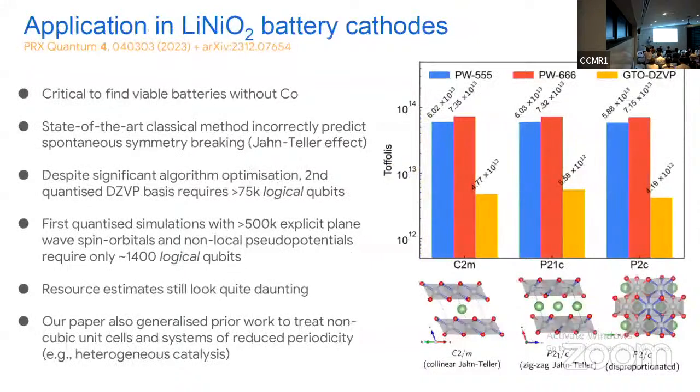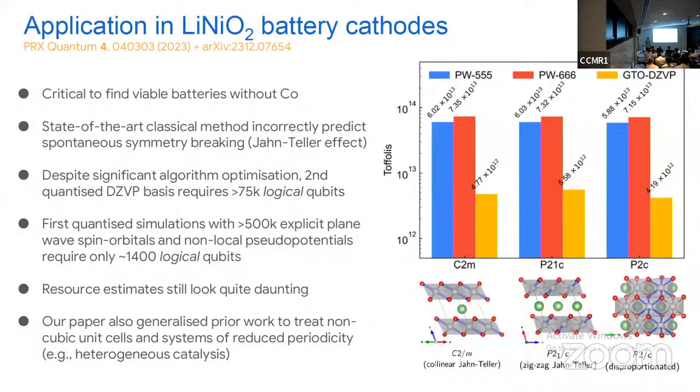So here's the example for the battery cathodes, and this is comparing to another work that we did earlier using a different approach, and that's shown as these bars here for a couple of example materials.